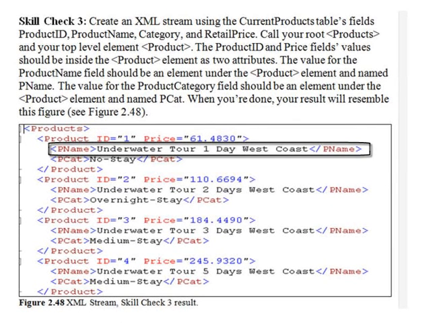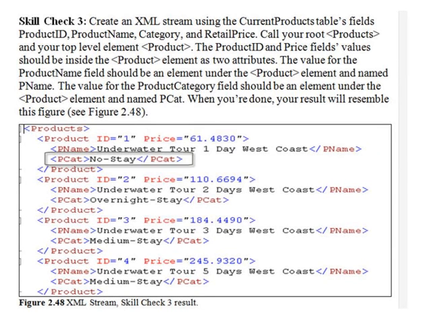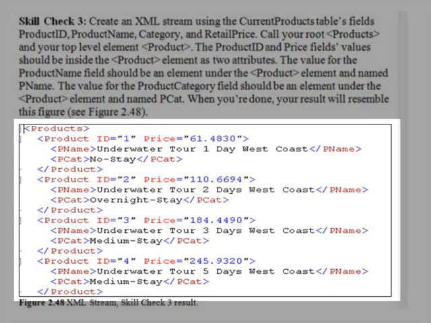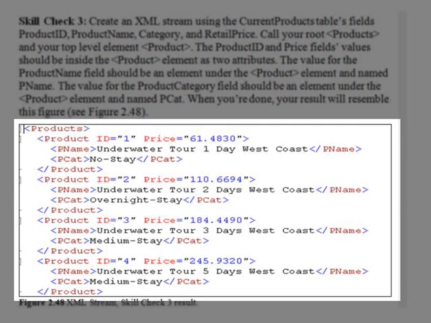The value for the product name field should be an element under the product element and named pname. The value for the product category field should be an element under the product element and be named pcat. When you're done, your results should resemble the figure you see here.